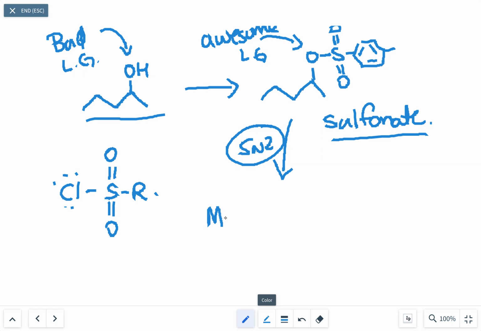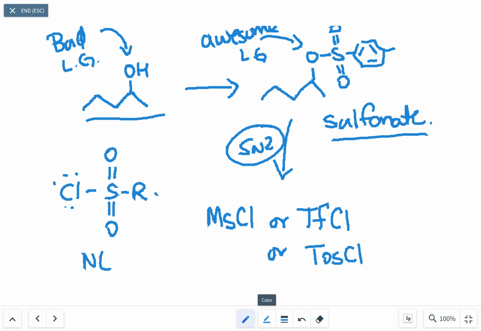So you would use the mesyl chloride or the triflyl chloride or the tosyl chloride. So it's bonded to a chlorine, and then what you would need is a base, like triethylamine, something like that. So if you've got your alcohol plus one of these chlorides plus triethylamine, this is going to generate the sulfonate. And then from there, you can use it in SN1 or SN2 reactions.